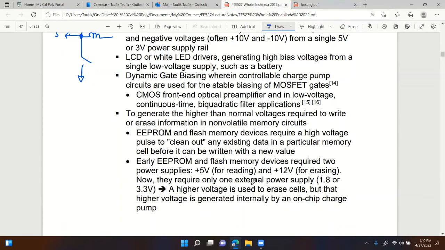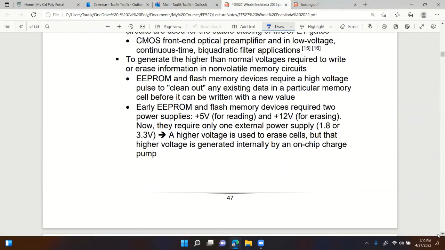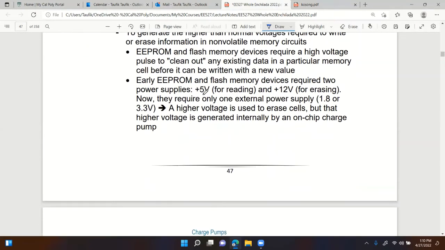Now they require only one external power supply, either 1.8 or 3.3, and use a charge pump to get a higher voltage to erase cells. That higher voltage is generated internally by an on-chip charge pump, right? So the high voltage, you get it from the charge pump.